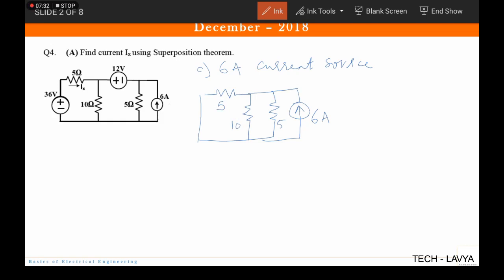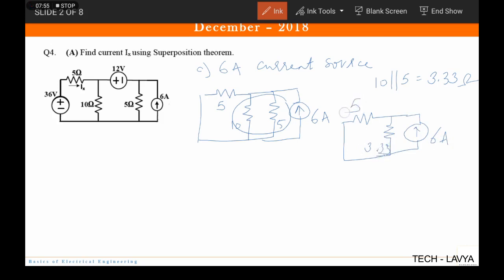If you consider this combination, again 10 and 5 are parallel. We know that this combination is 3.33 ohms. So further I will reduce this. So this becomes my reduced circuit, right? So this is 6, 3.33, and now this is 5.